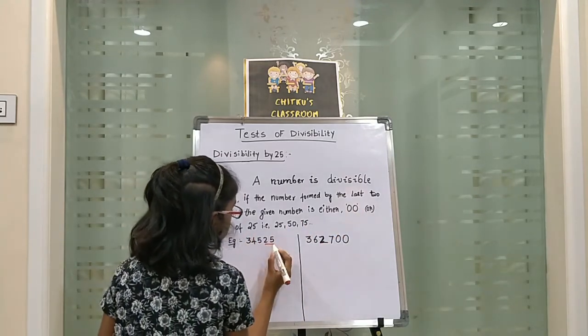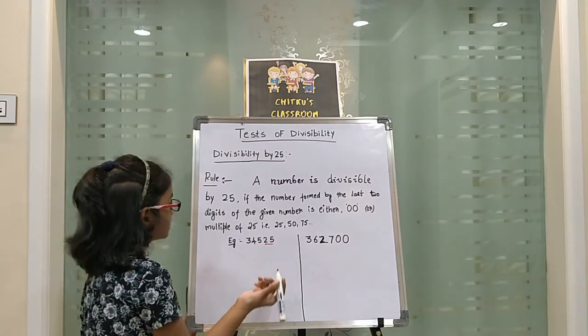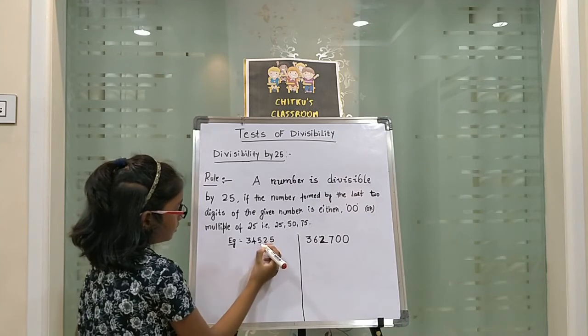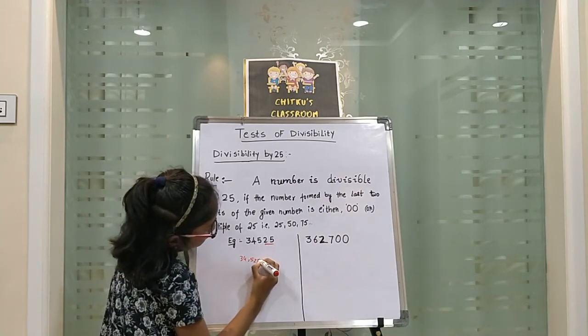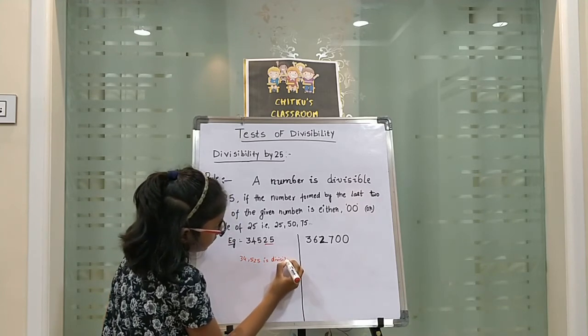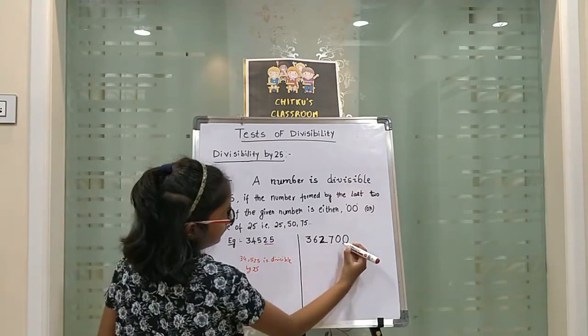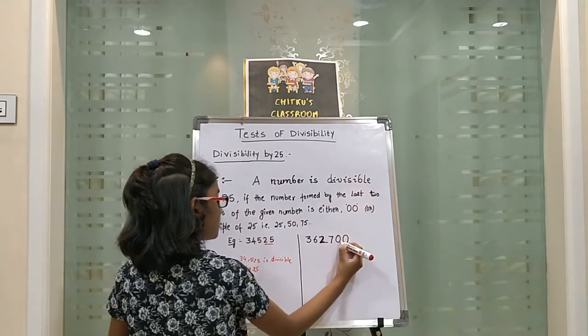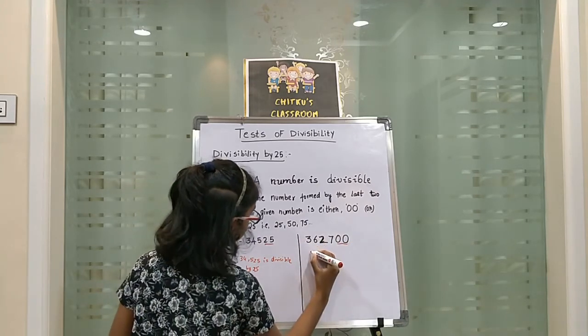So the last 2 digits should be 0 or a multiple of 25. So in the 25 table, 25 times 1 is 25. So that means 34,525 is divisible by 25. Okay. So next, the last two numbers are 0 and 0.